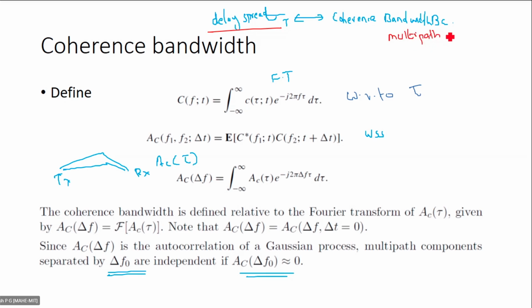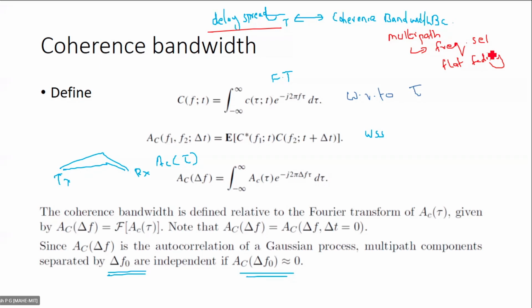So you have delay spread in time domain. Similarly, you have coherence bandwidth in frequency domain. Based on these two parameters, we can divide the channel into two different channels. One is frequency selective, and second is frequency flat or flat fading channel. So based on these two values, we can say that the channel is frequency selective or frequency flat.